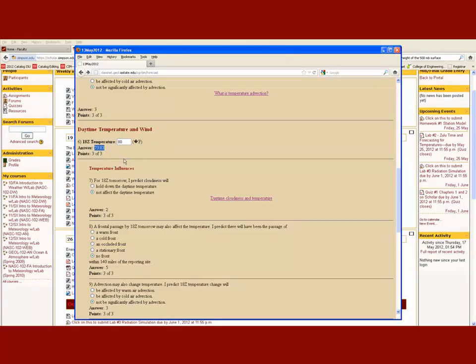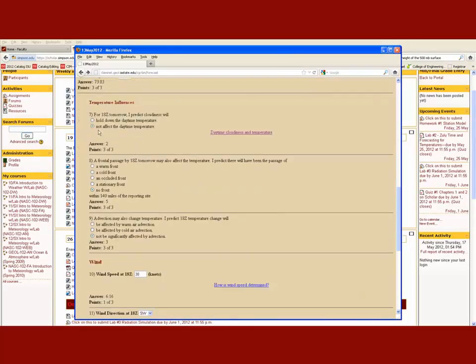So the actual temperature at 18Z was 78. I was within the plus or minus 5 from 73 to 83. Temperature influence. I said there won't be any clouds. The answer was the second choice, so I got that correct, 3 out of 3.